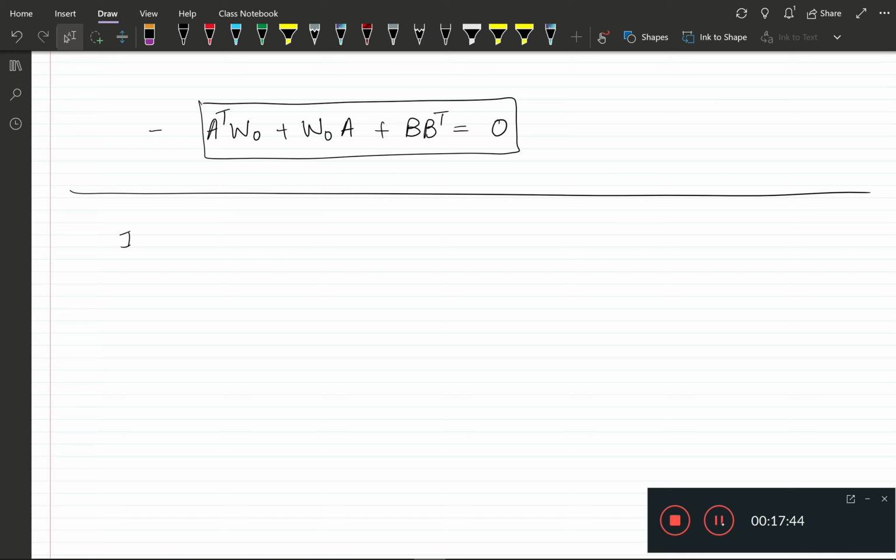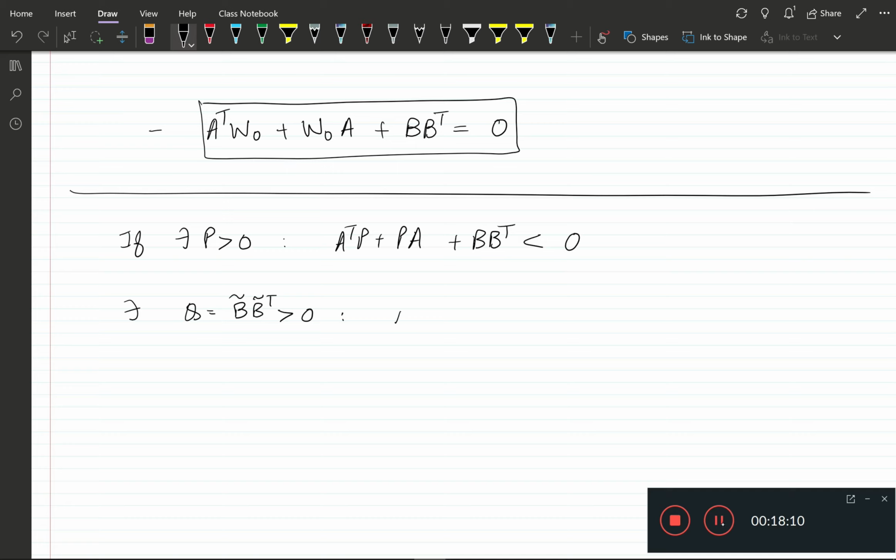If there exists a P positive definite such that A^T P plus P A plus P B transposed is negative definite, then clearly there exists a Q, which I can decompose as B tilde B tilde transposed because it's positive definite, which satisfies this equation.